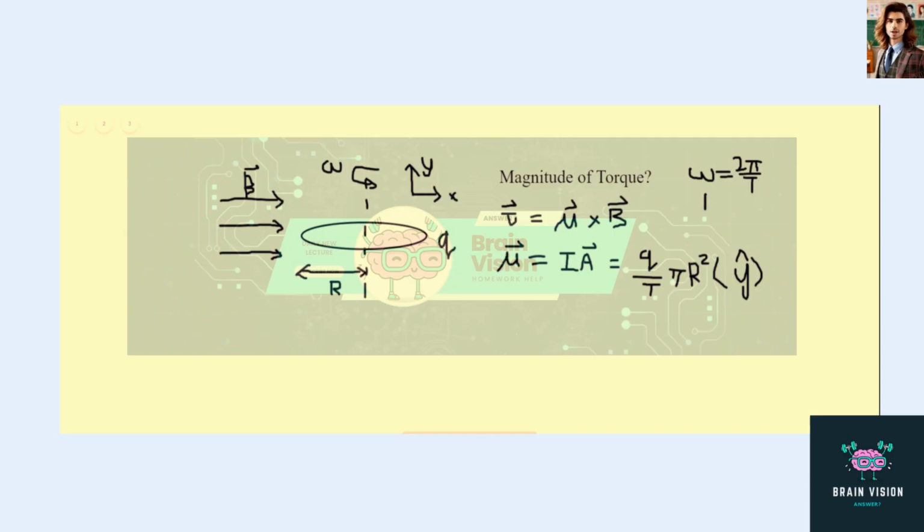And so our 1 over t will just be omega over 2 pi. Then you substitute this into here, you get one half. The pi cancels out, and then we have omega q r squared in the y direction.